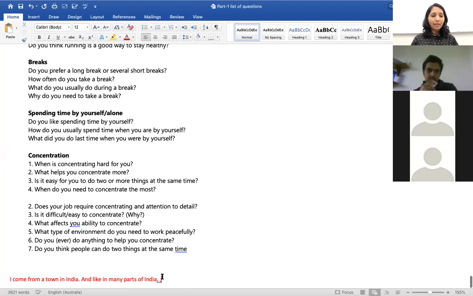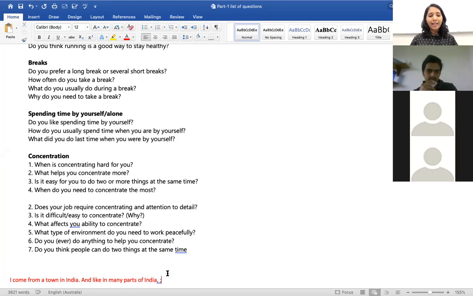So you say, I come from a town in India, and like many parts of India, my city experiences, so you're using passive voice here, a huge volume of traffic because of the rise in personal transport.